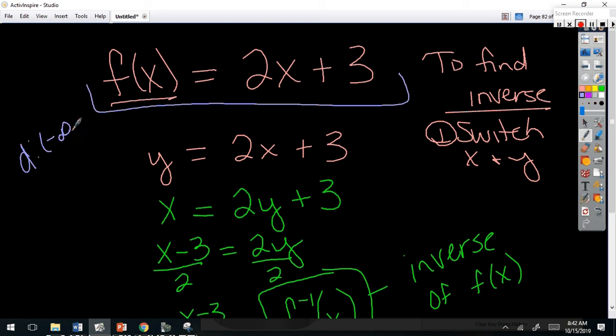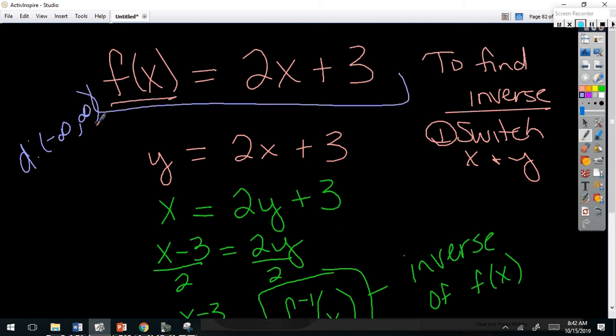Why is it negative infinity to infinity? What does it not have? Look at the equation. There are two things that restrict domain for us: a fraction or a radical. It doesn't have either one of those. This is a linear function, so there are no restrictions on the domain.